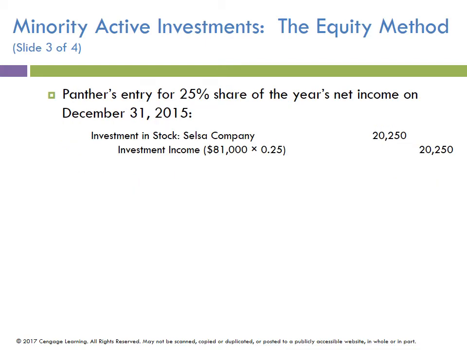At the end of the year, when Salsa reports its net income, Panther will debit the investment account for 25% of the net income, or $20,250, and they'll credit an income account, investment income, which is reported on their income statement for their share of Salsa's net income.